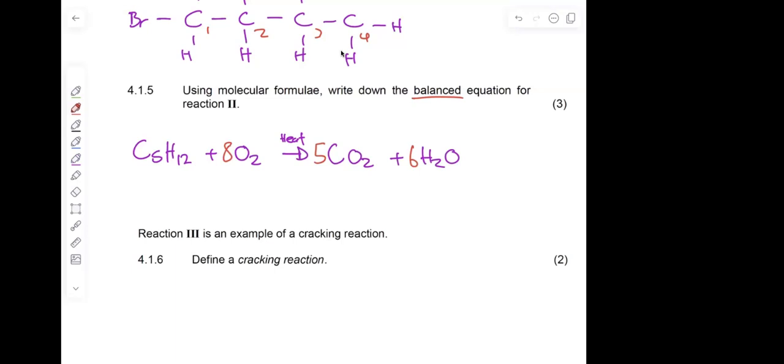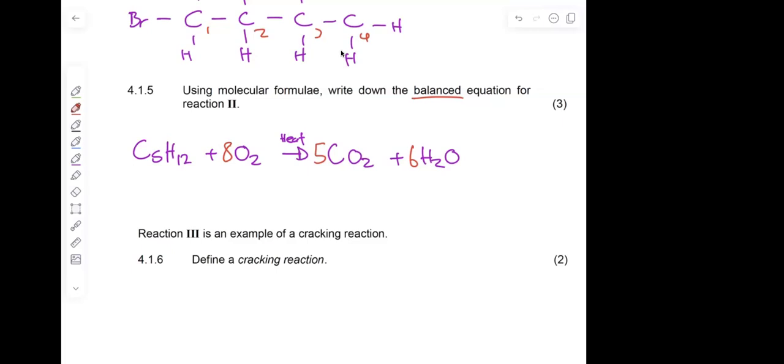All right. Then it says reaction 3 is an example of a cracking reaction. Define cracking. Right? Cracking, quite easy. It's a chemical process in which longer chain hydrocarbons, or long chain alkanes, are broken down into shorter, more useful hydrocarbons really for us at the end of the day. They could be alkanes, they could be alkenes.